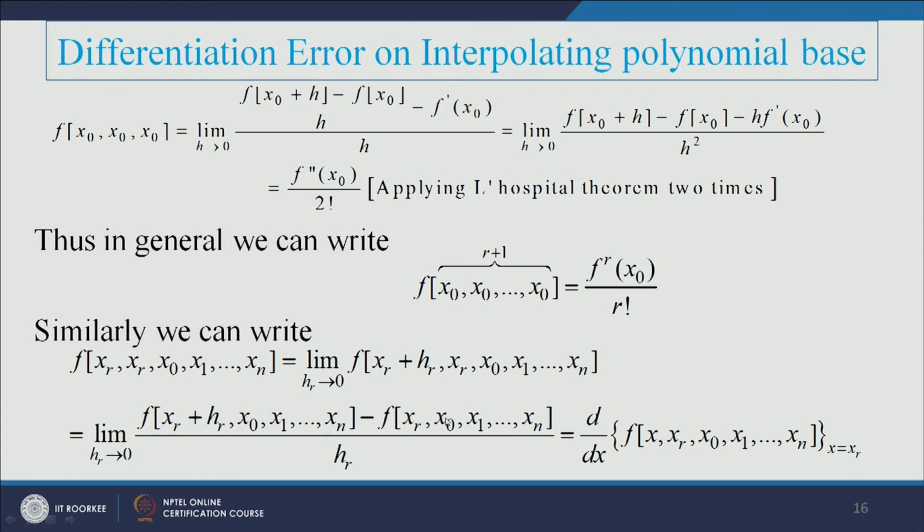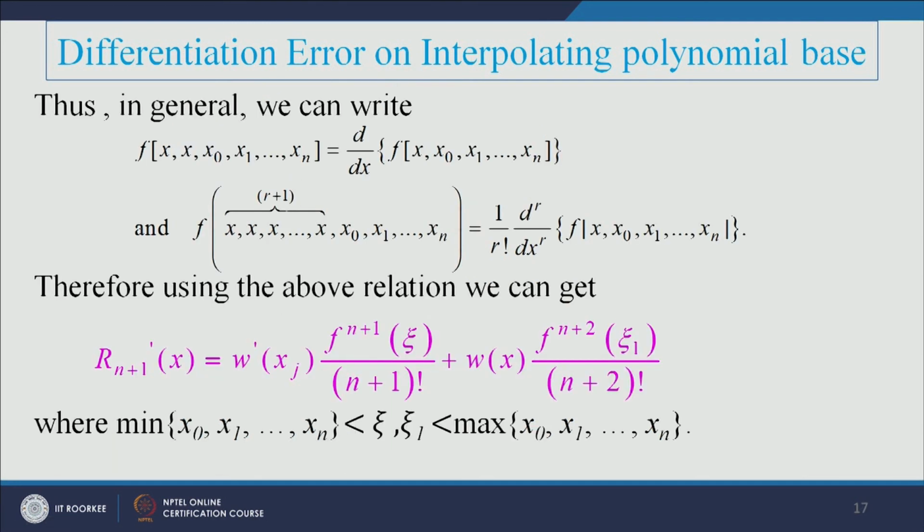And if you write in a limiting form there, that can be transformed directly to the derivative form as d by dx of f of x xr x0 to xn at x equals xr, which can be written as a derivative form with r arguments as 1 by r factorial d to the power r by dx to the power r f of x x0 to xn there.